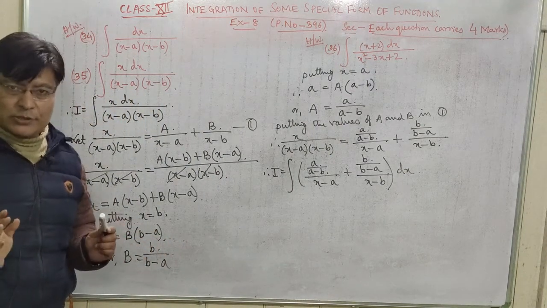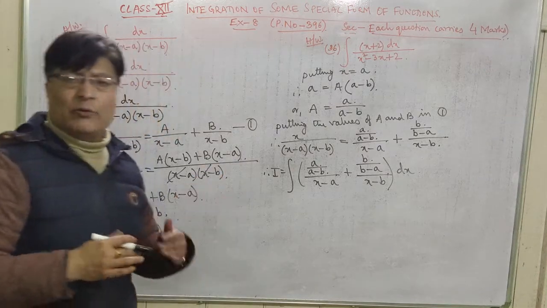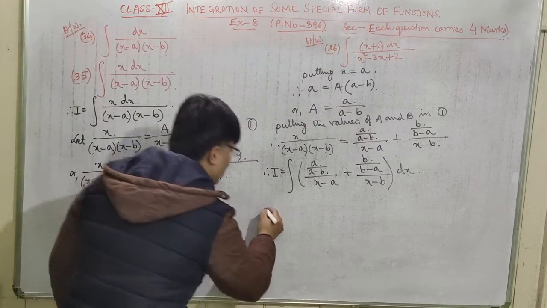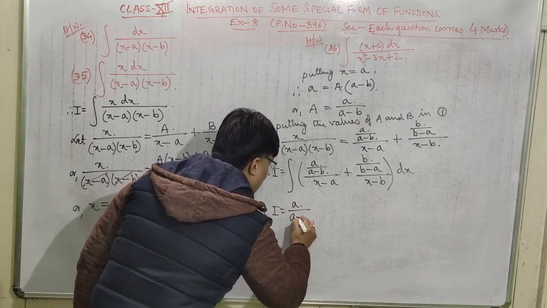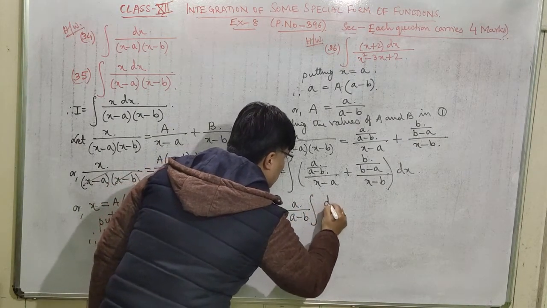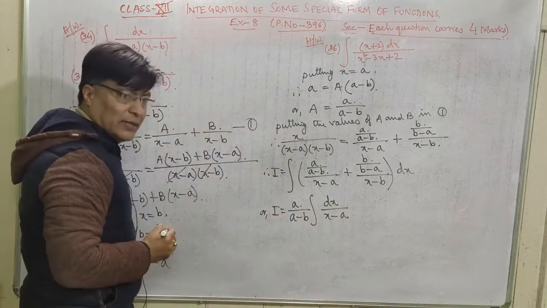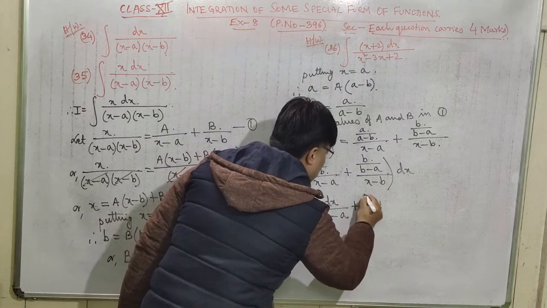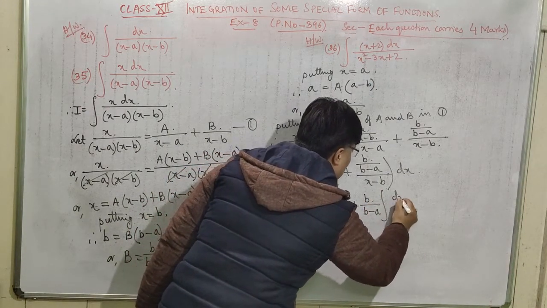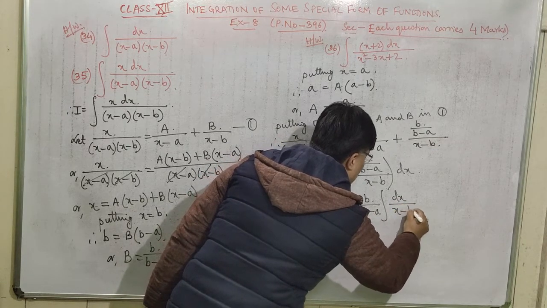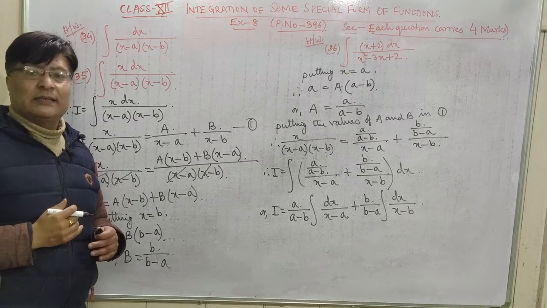I hope you have understood it. Next, we can separate this integration: I is equal to a upon a minus b integration of dx divided by x minus a, plus b upon b minus a integration of dx divided by x minus b. So you can easily integrate it.